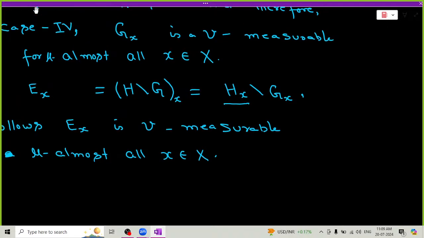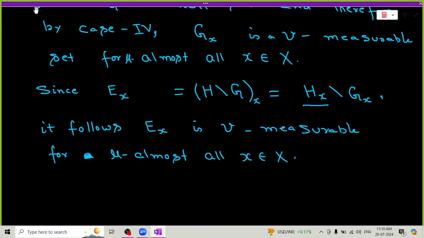So basically the difference is a difference of two measurable sets. Since the difference of two measurable sets is a measurable set, E sub x is a measurable set. It's a new measurable set for almost all x's in X.